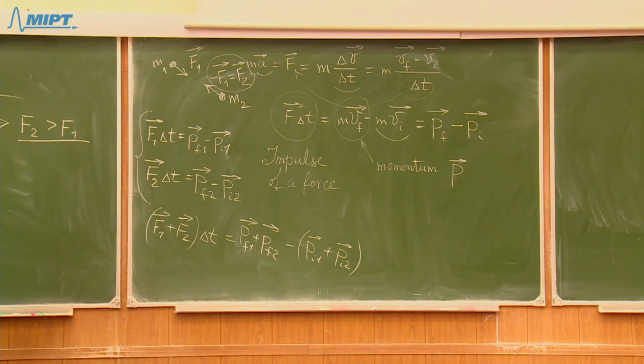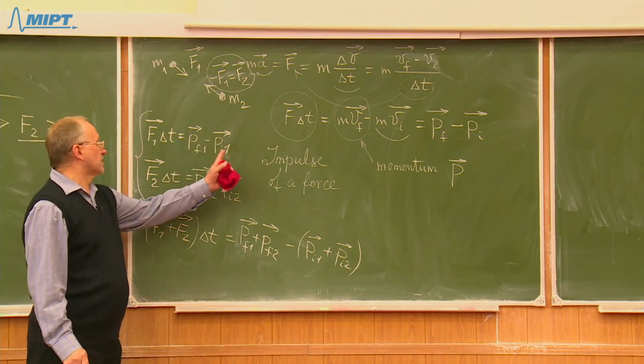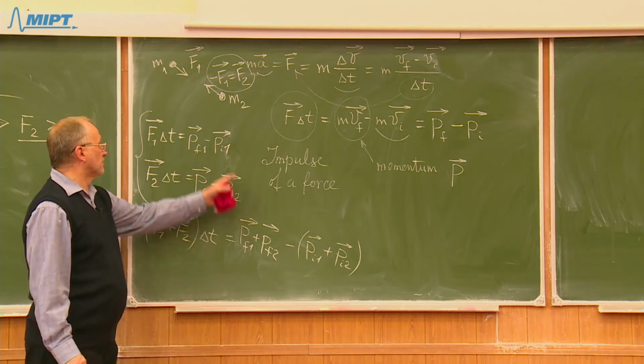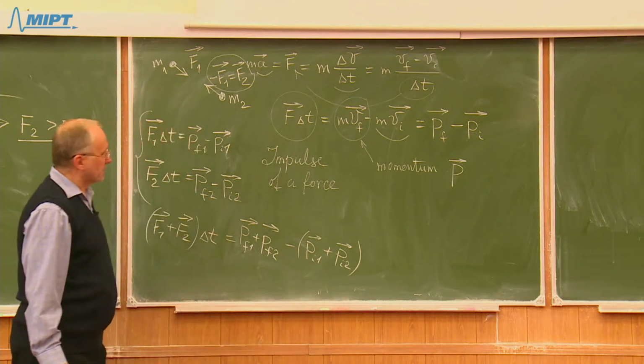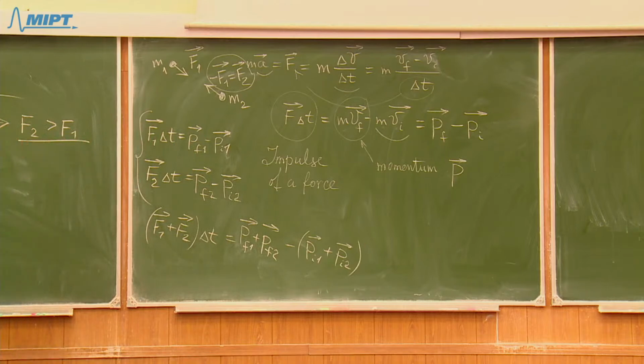I will put it in this way because minus P1 minus P2, I'm adding these two terms. I can write it down like this, minus and in round brackets.